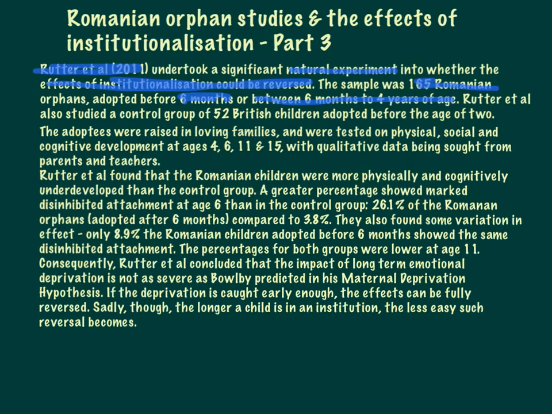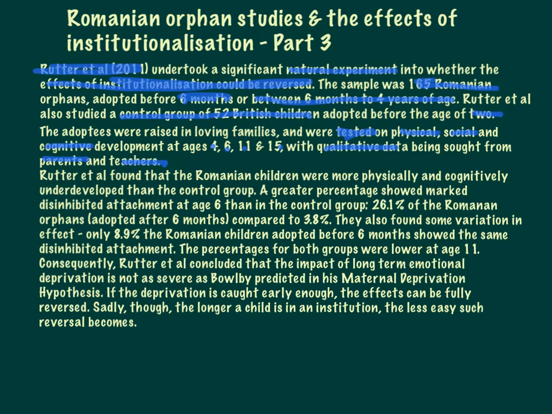They also studied a control group of 52 British children adopted before the age of 2. The adoptees were raised in loving families and were tested on physical, social and cognitive development. Do get the tested in there as well. At ages 4, 6, 11 and 15, with qualitative data being sought from parents and teachers.